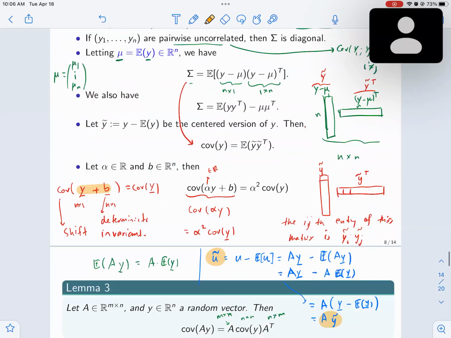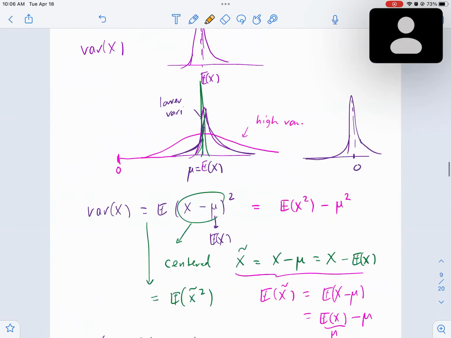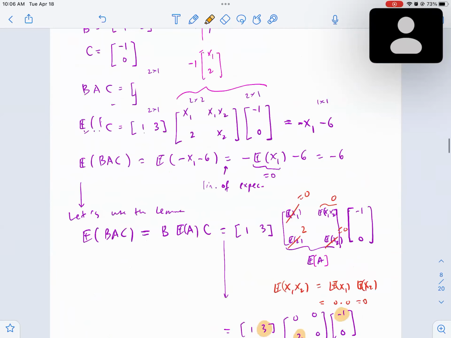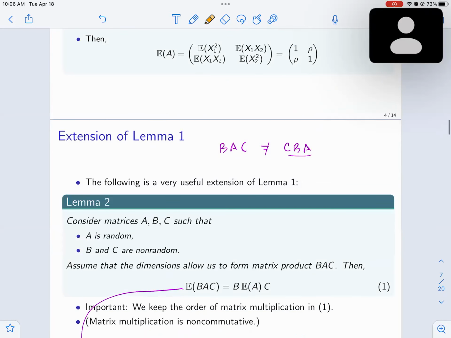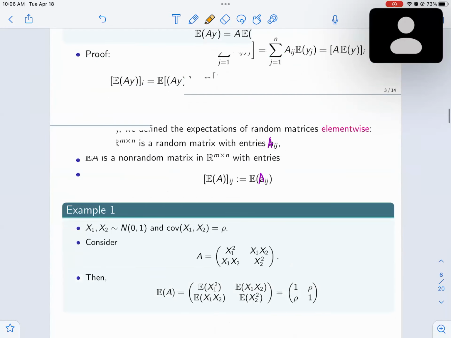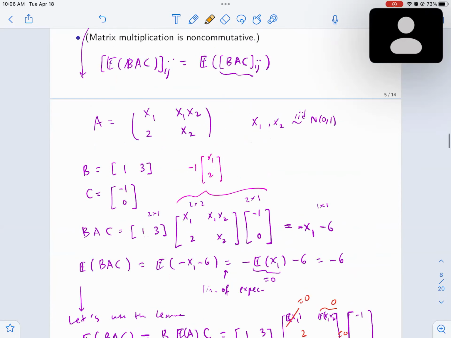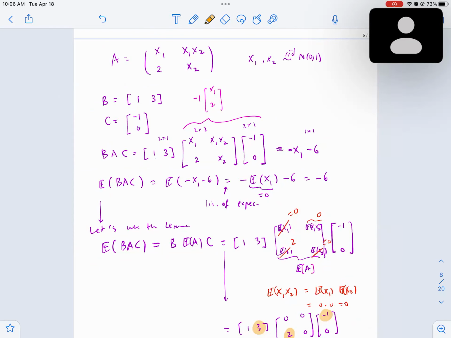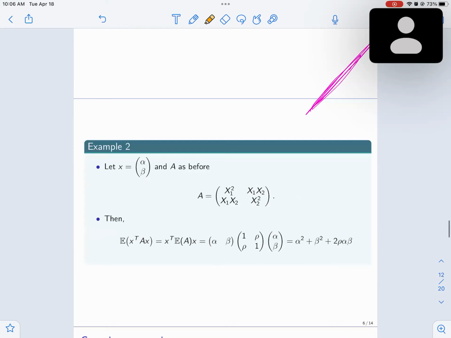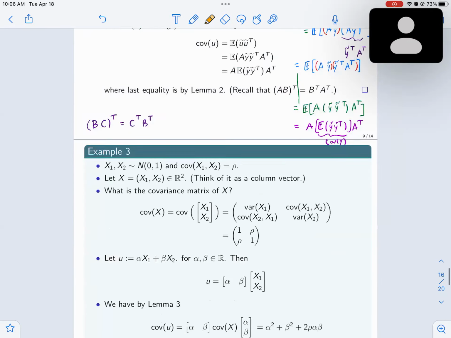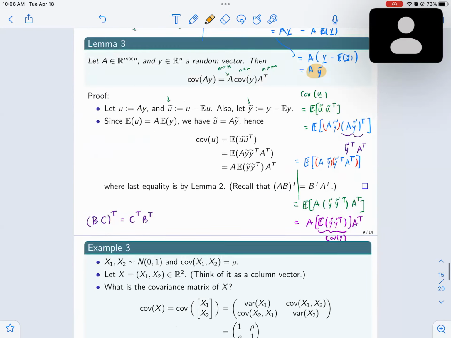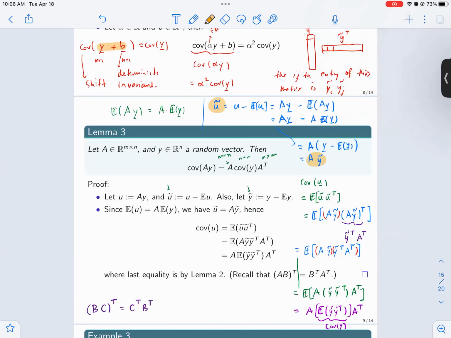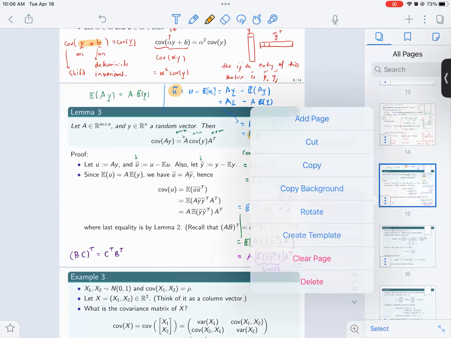So let's go back to an example here. Do you have an example? Yeah, okay, so I don't have a good example there. I have a couple of examples here, but let's do an example not related to the slides.